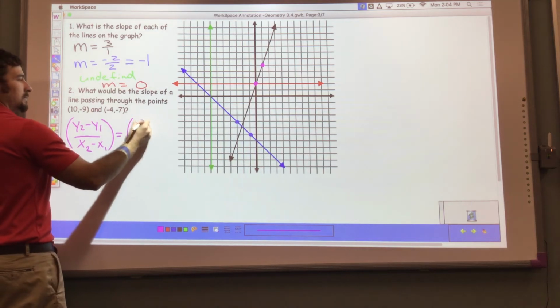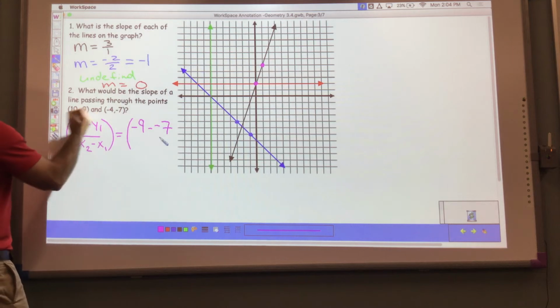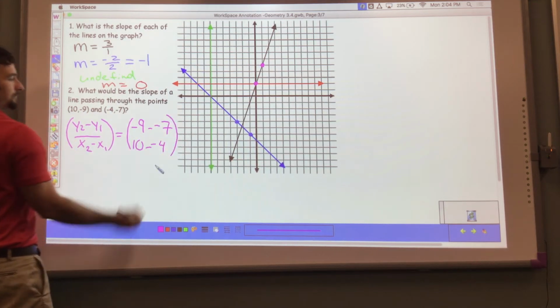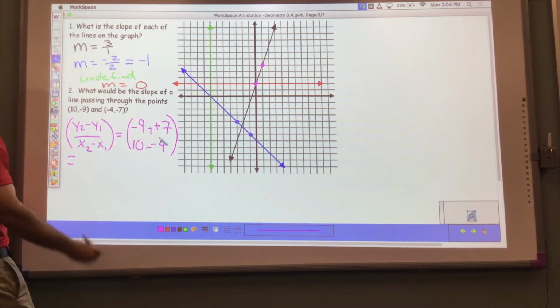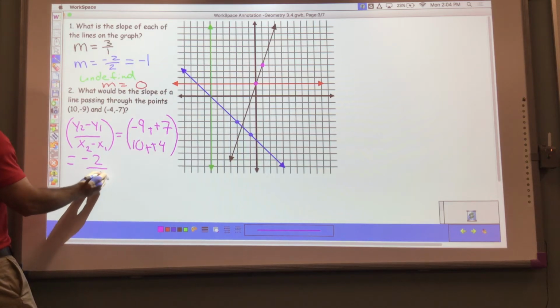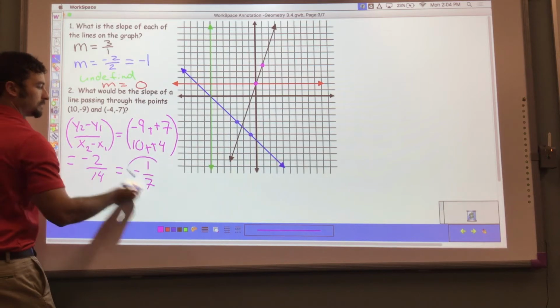I'll write it out. Then on the bottom, 10 minus negative 4. So 2 negatives make a positive. We have negative 2 over 14, which reduces to negative 1 over 7.